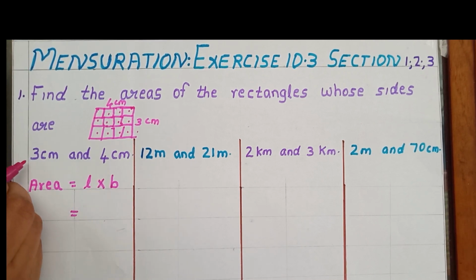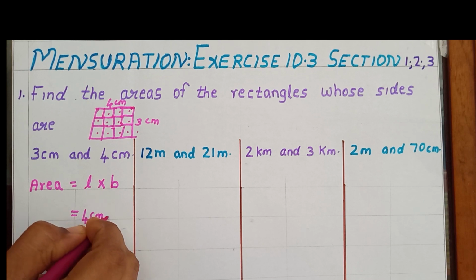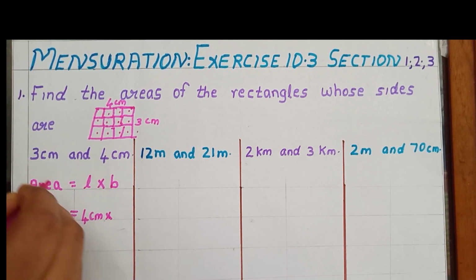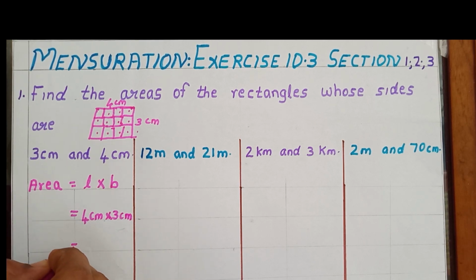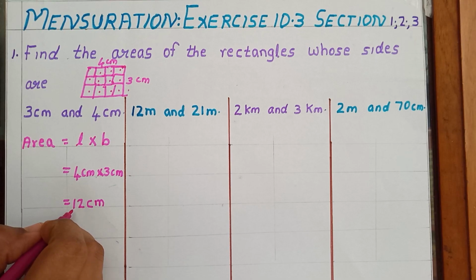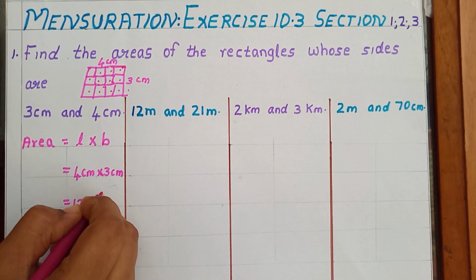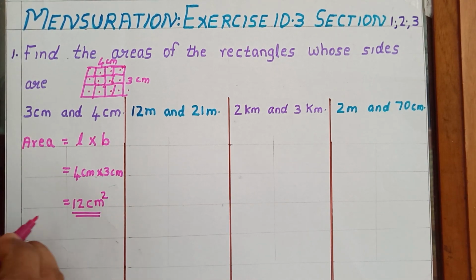Here they have given that length is 4 centimeter and breadth is 3 centimeter. Equal to 12 is our answer, and since we have length and breadth, two measurements, the unit is square centimeter or centimeter square. Answer is 12 centimeter square.